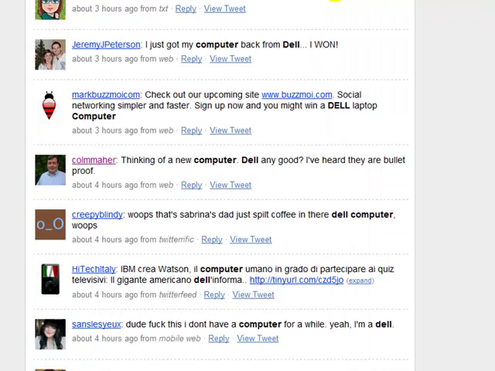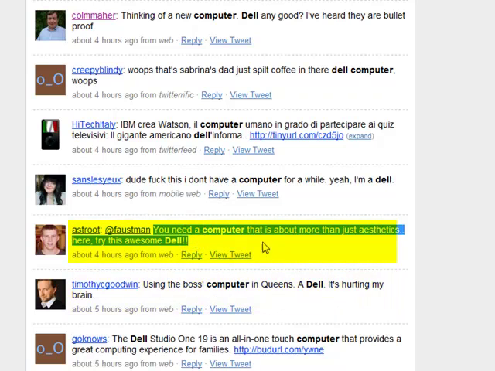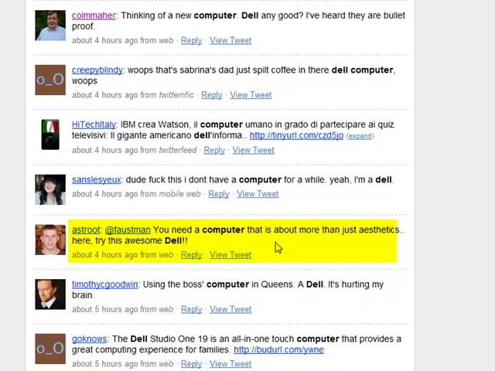Very powerful stuff. Here's another bash on Dell. Using the boss's computer in Queens, a Dell. It's hurting my brain. And here's a referral. You need a computer that is about more than just aesthetics. Here, try this awesome Dell. So what you see is a mixture of people bashing Dell and people referring Dell.